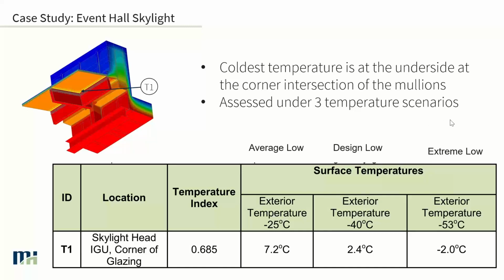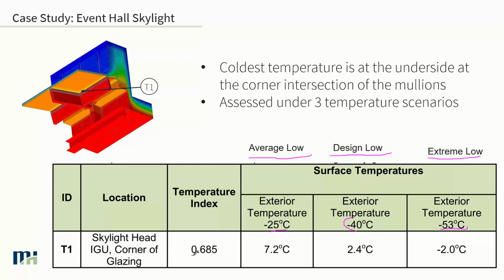We looked at three different temperature scenarios. We have our average low temperature for the winter, at about -25 degrees. We have our design temperature, so the design low temperature is -40. And then the very extreme low, because remember, they're trying to prevent as much condensation as possible even at these very extreme time periods. So even at an extreme low, we can get a temperature there.